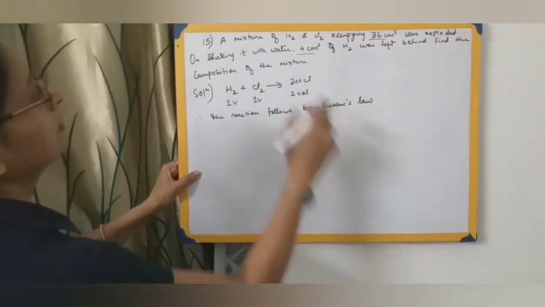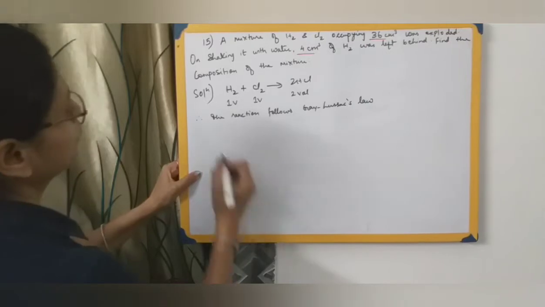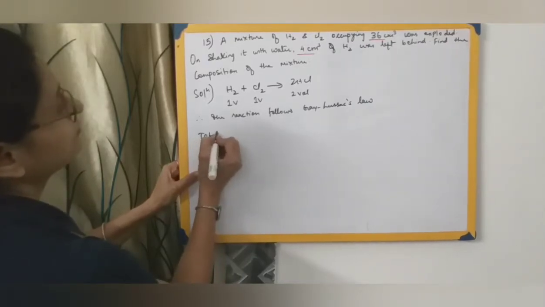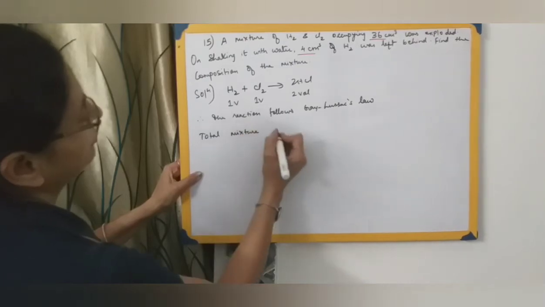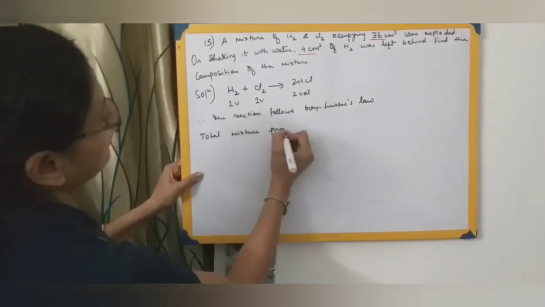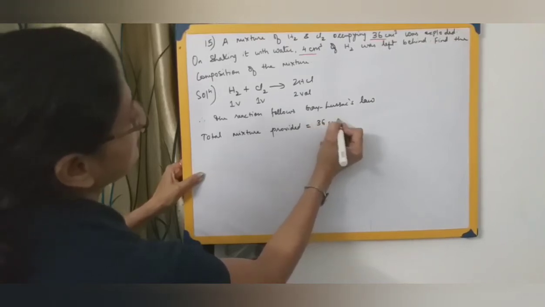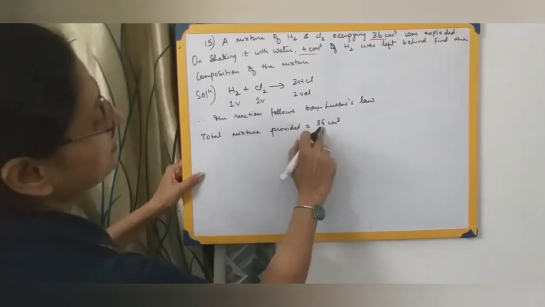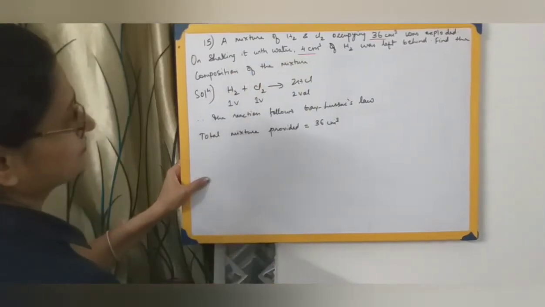Next, a mixture of hydrogen and chlorine occupying 36 cubic centimeter. Total mixture provided or total reactants provided, both are the same, is equal to 36 cubic centimeter. Now from this 36 cubic centimeter total, something was left behind.